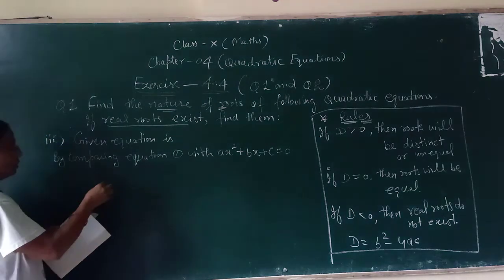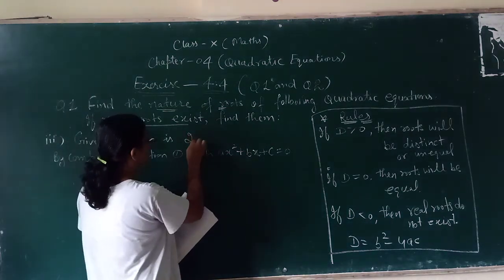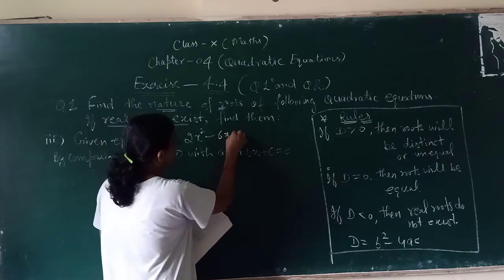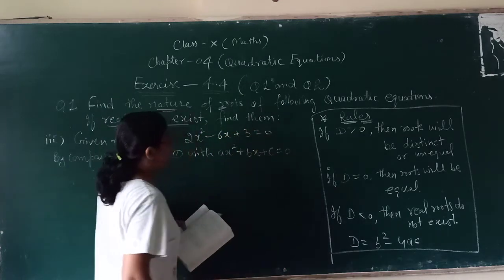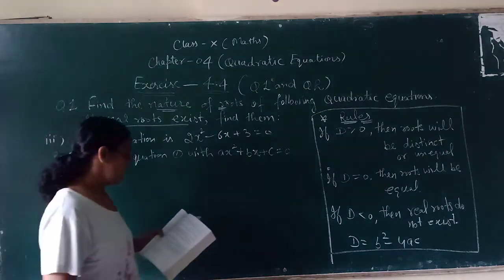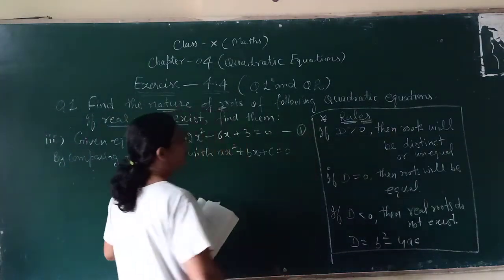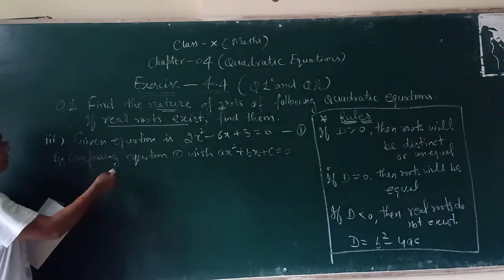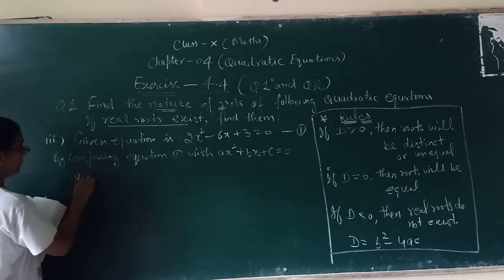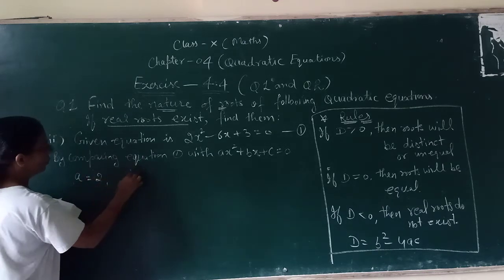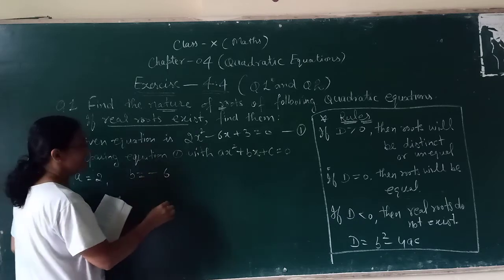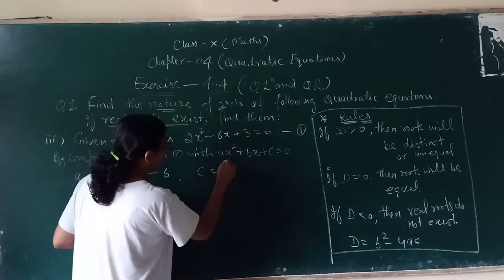Third part, the equation is given: 2x square minus 6x plus 3 is equal to 0. Again, we give the name first equation. By comparing the equation with the standard form, we get a is 2, b is minus 6, c is 3.